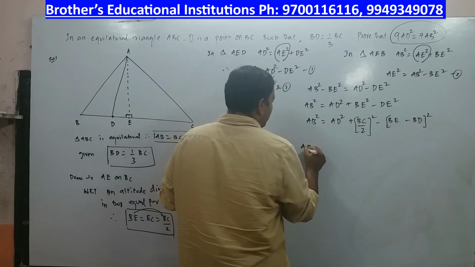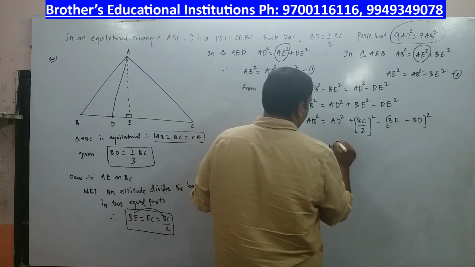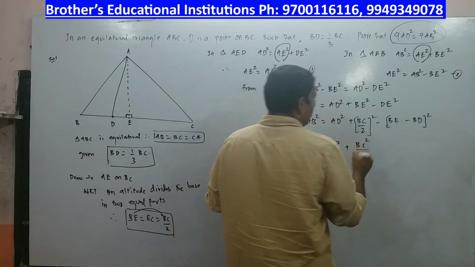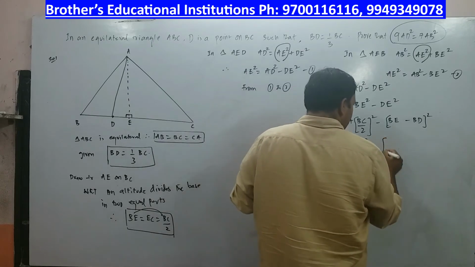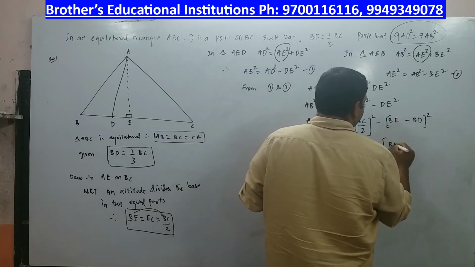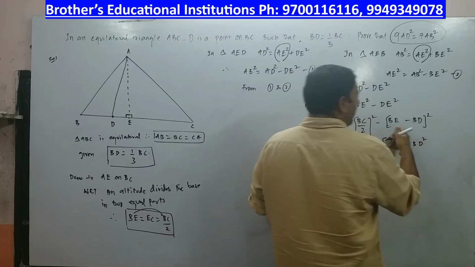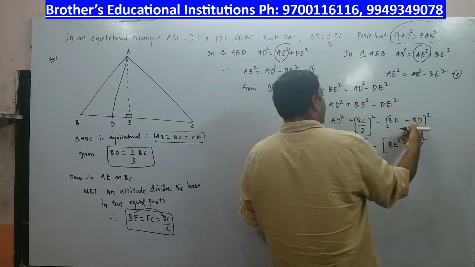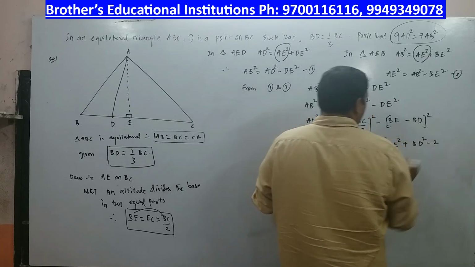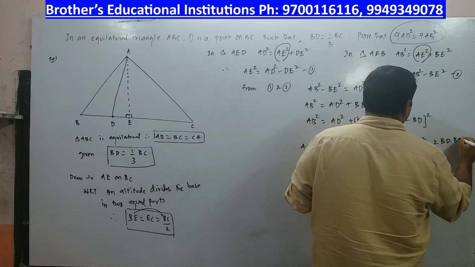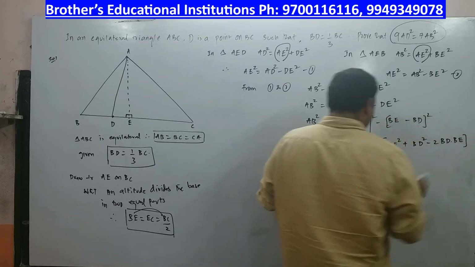So you have AB square is equal to AD square plus BC square by 4 minus, what is this here? BE square plus BD square, (A minus B) whole square. So A square plus B square minus 2AB, minus 2 into BD into BE. Alright.